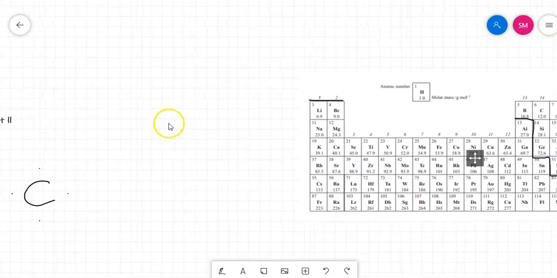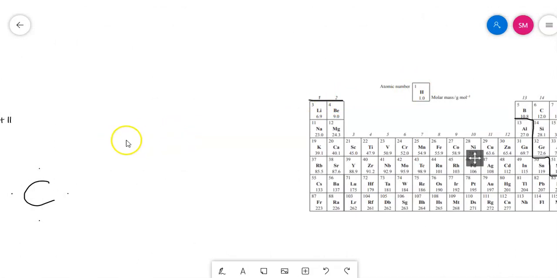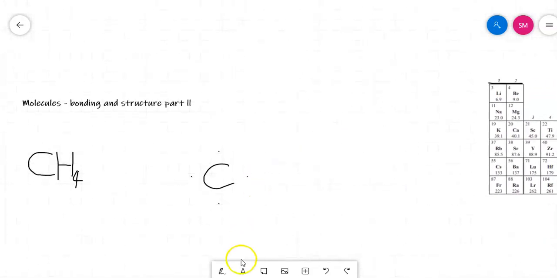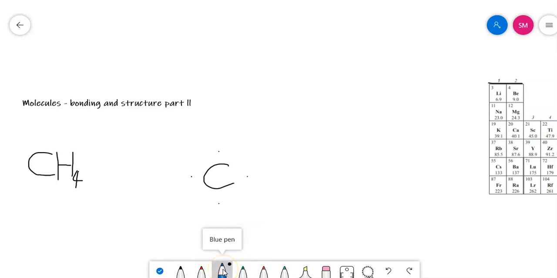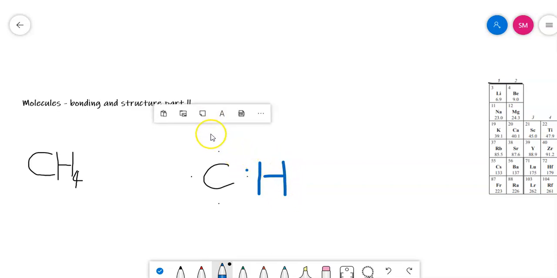Hydrogen has the atomic number of 1. So hydrogen just has 1 electron, and because the first shell is its outer shell, it only actually needs 2 electrons to fill up its valence shell. So we would draw all of the hydrogens around each of the lone electrons in carbon like this.